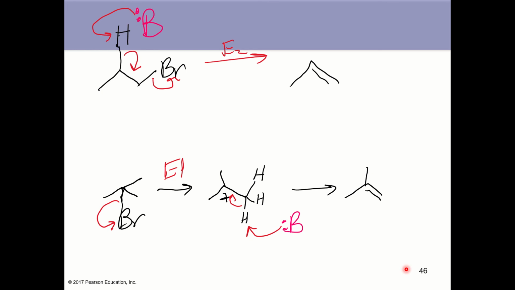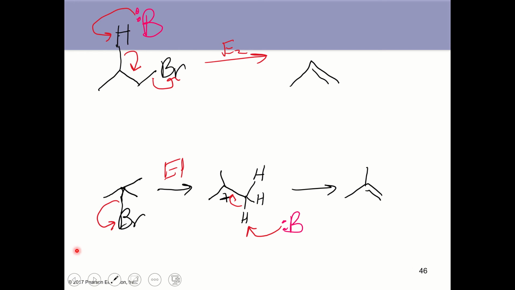One depends on both reactants, the nucleophile and the alkyl halide. And the other type depends only on the alkyl halide. So we call them E2 and E1, elimination bimolecular and elimination unimolecular.